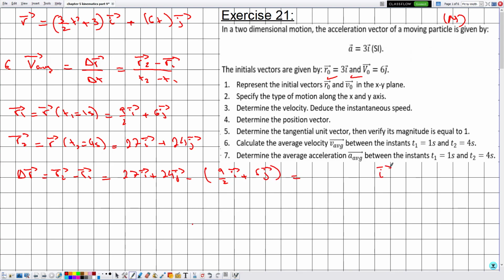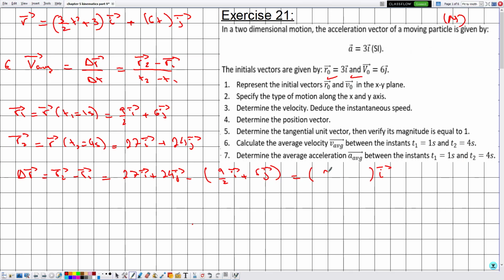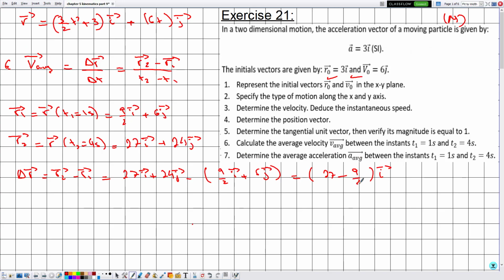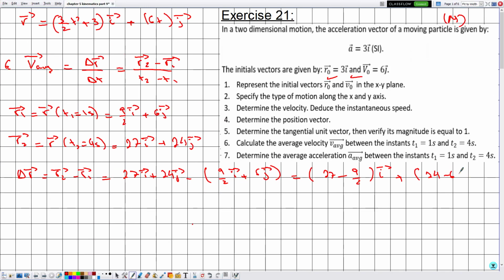Now taking i as a common factor, here we have 27 minus 9 over 2, plus j, which is 24 minus 6.